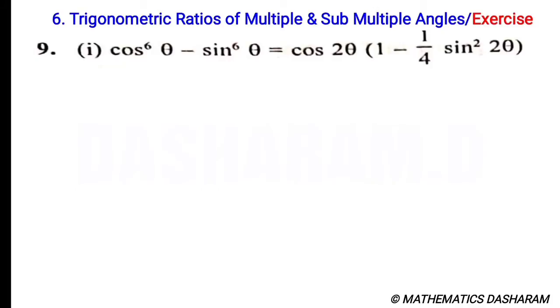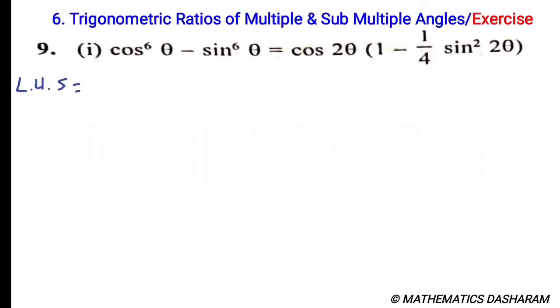Ninth bit, first question: (cos theta) whole power 6 minus (sin theta) whole power 6 equals cos 2 theta times the bracket of 1 minus 1 by 4 into sin square 2 theta. So I am modifying the LHS.